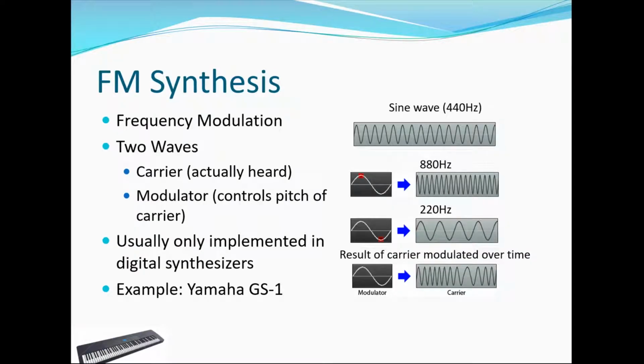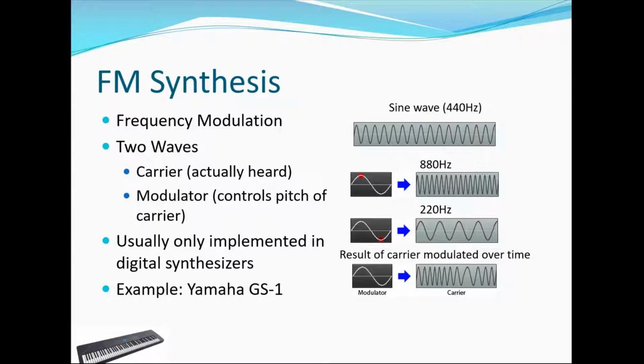Then we also have FM synthesis, or frequency modulation synthesis. So at its core, or its base, it's a combination of two waves. One wave being the waveform that we actually hear, which is called the carrier wave, and then the second wave being called the modulator. And we don't actually hear this second wave, but we hear its effect on the first wave.